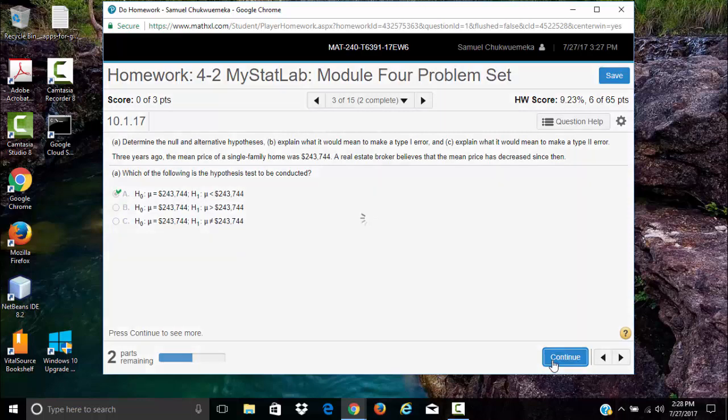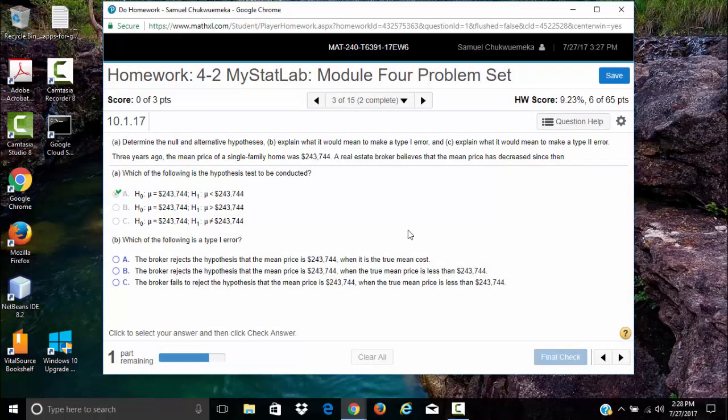Okay, next one. Which of the following is a type 1 error? Type 1 error means the null is true, but you reject it. Okay, the mean price is actually $243,744, but you reject it. So you see here, the option will not even be C at all.